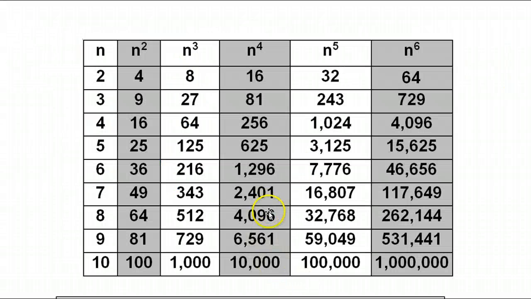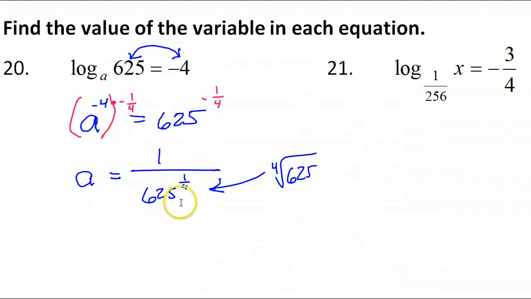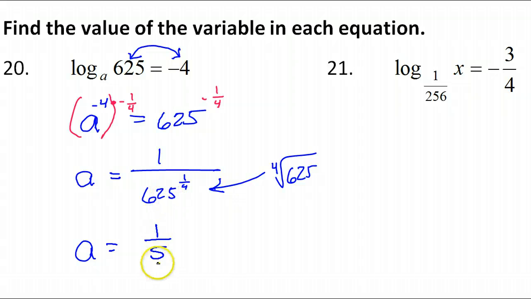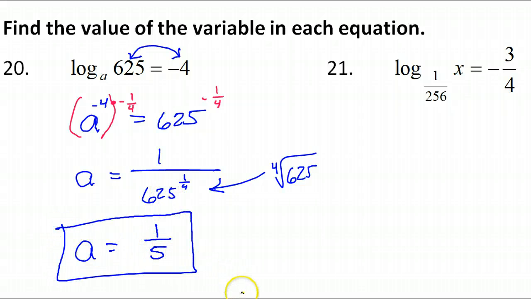And you can do that right off the table here. Fourth root of 625 is 5. Don't forget that it's in the denominator. Some kids just ignored the whole denominator part. So a is equal to 1 over 5 because the denominator is 5. So that should be your answer. a is equal to 1/5.